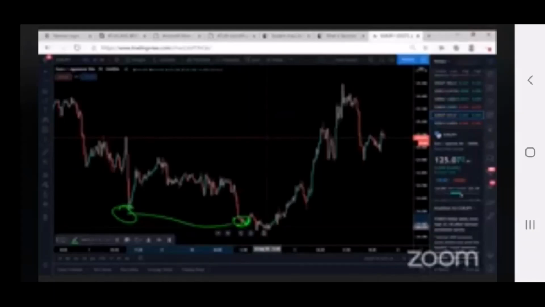You want to set your take profit and your stop loss, because if this isn't going to be the low for your buy, you want to get out as soon as possible. You don't want to be in the market with a buy and it's just selling.